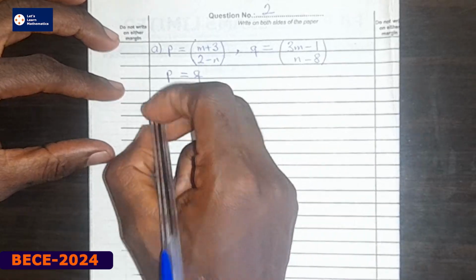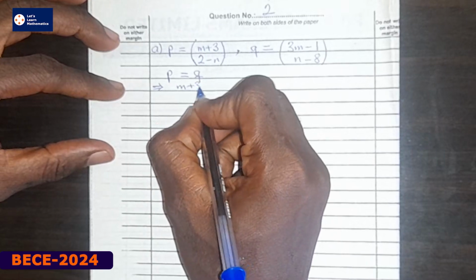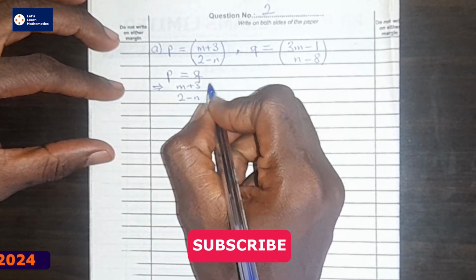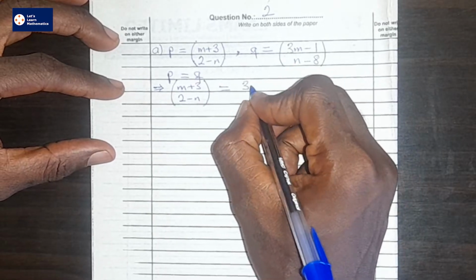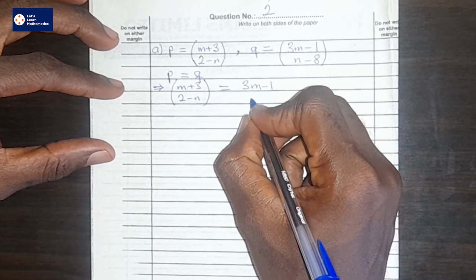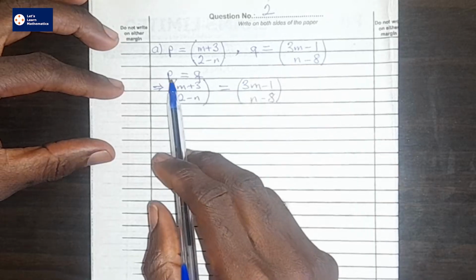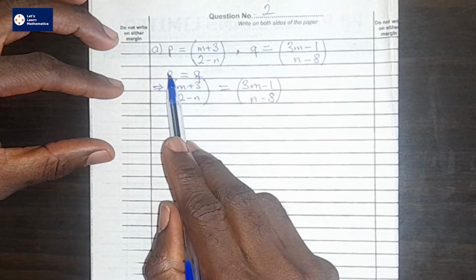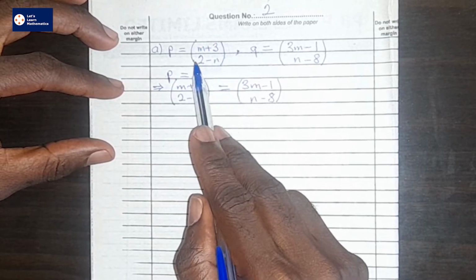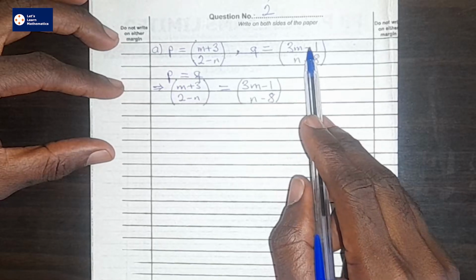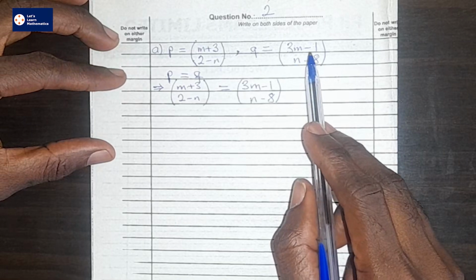If p equals q, then it implies the vector (m plus 3, 2 minus n) is also equal to (3m minus 1, n minus 8). That is what this statement means. It says p is equal to q, so the two vectors can be equated.